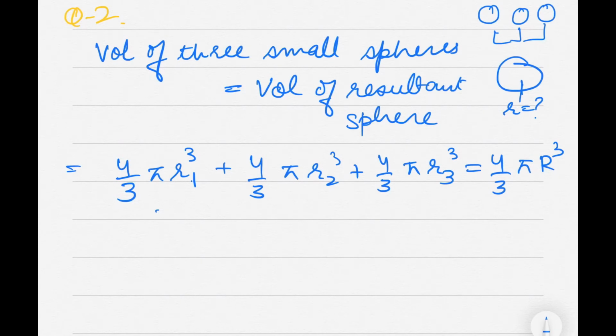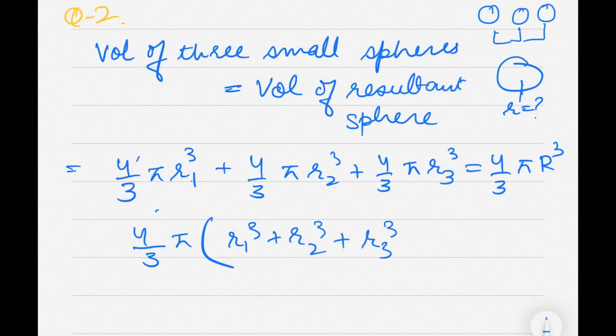Now I know 4 by 3 pi is common in all the three terms, so I can just cancel it. Or if you don't understand this way, you can take 4 by 3 pi common. So what will I get? r1 cube plus r2 cube plus r3 cube will be equal to 4 by 3 pi capital R cube.